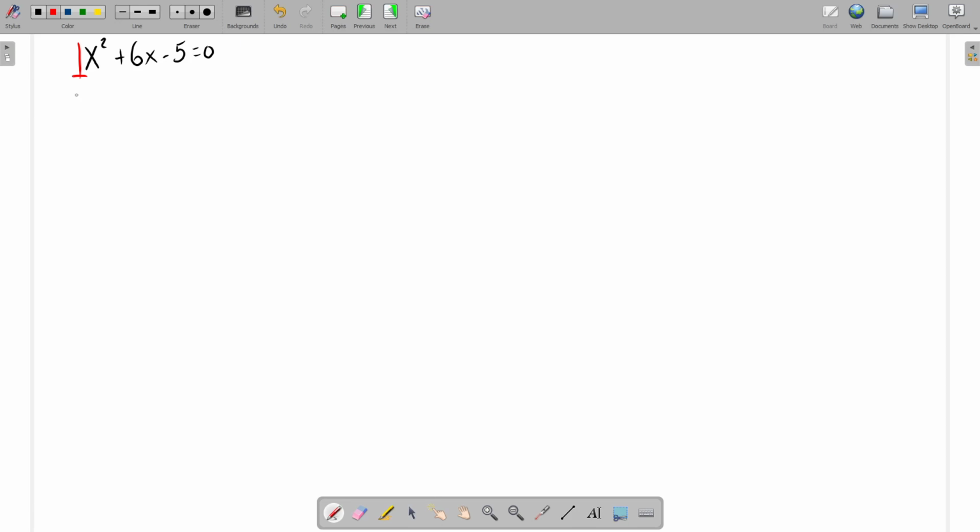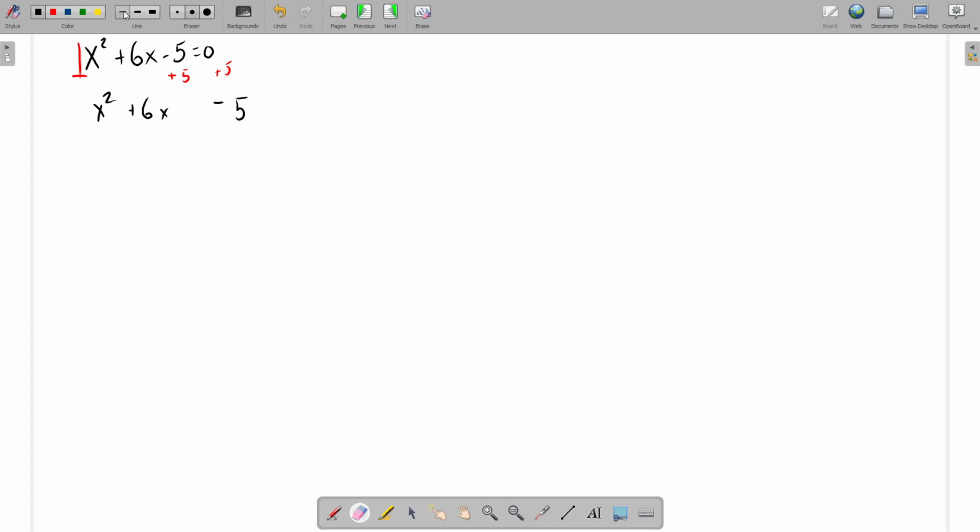Our second step is going to be move c to the other side. So move the constant term without a variable over to the other side. So I'm going to add 5, leaving us with x squared plus 6x equals 5.